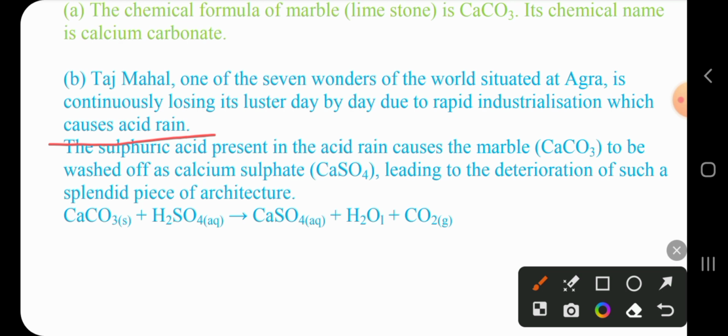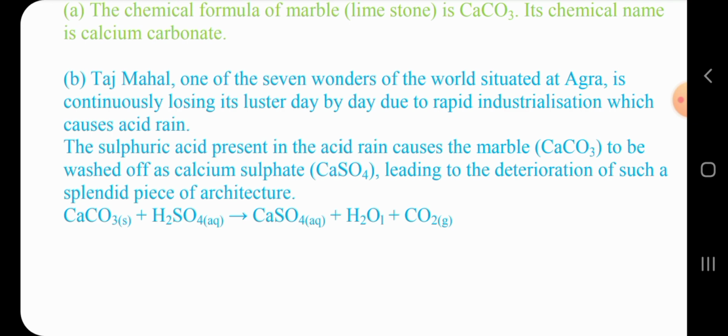When calcium carbonate reacts with sulfuric acid, it gives calcium sulfate, which forms a blackish layer on the surface of the white marble, and the luster of the white marble deteriorates. That's why the Taj Mahal is losing its luster.